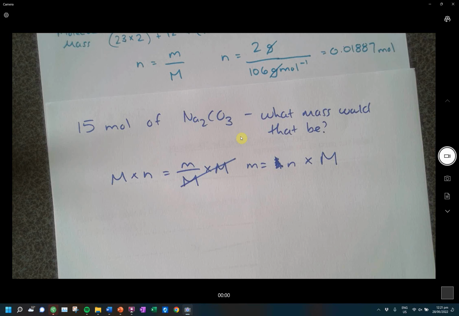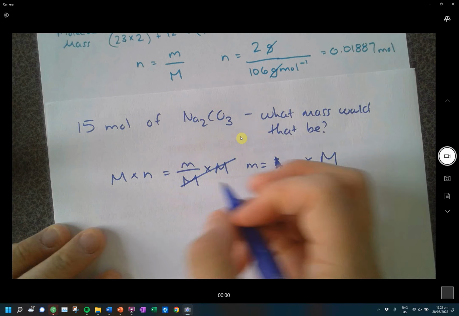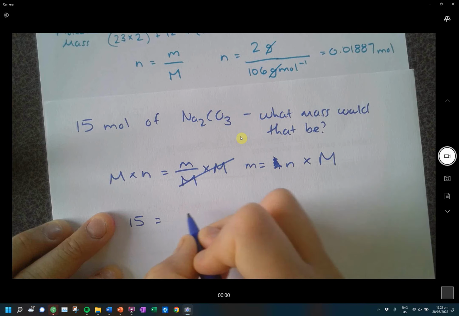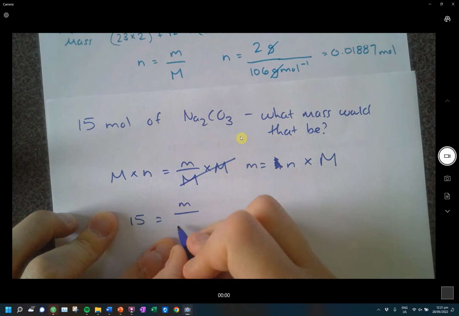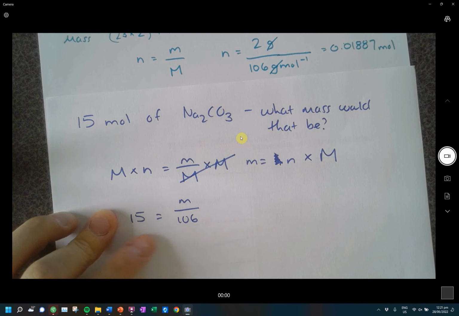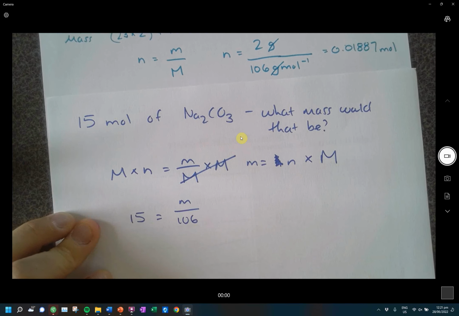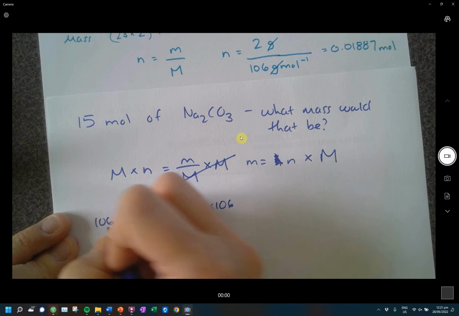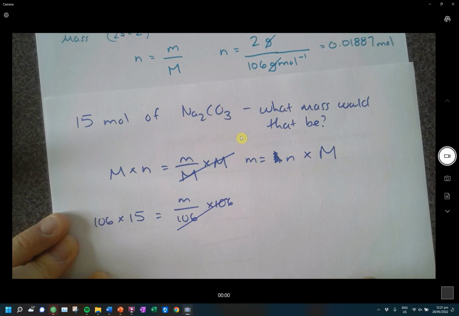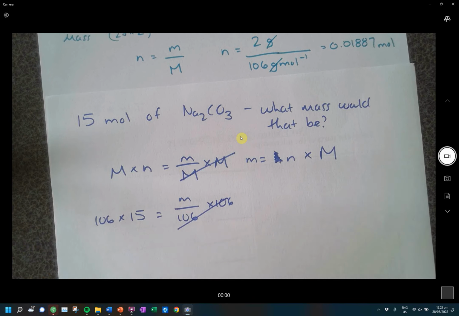The other option is you can just plug in the numbers and move it based on the numbers. So you could go 15 equals m divided by the molecular mass we had solved earlier, which is 106. And then just multiply by 106, because then that cancels out. Whatever you do to one side of the equation, you need to do to the other side. It's algebra. I'm sorry, it's coming back.